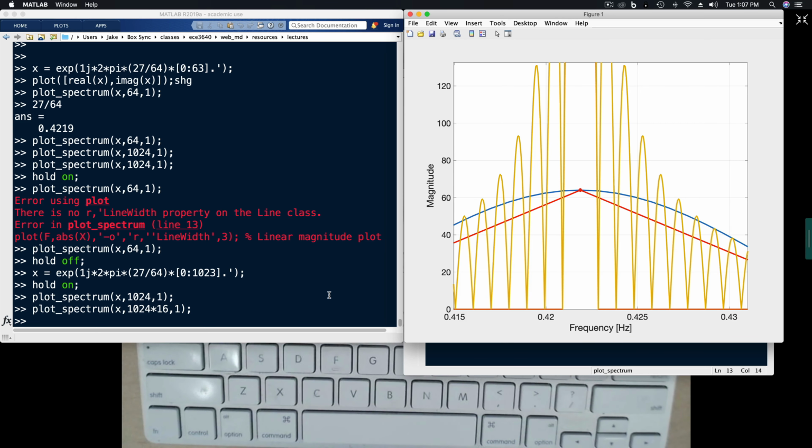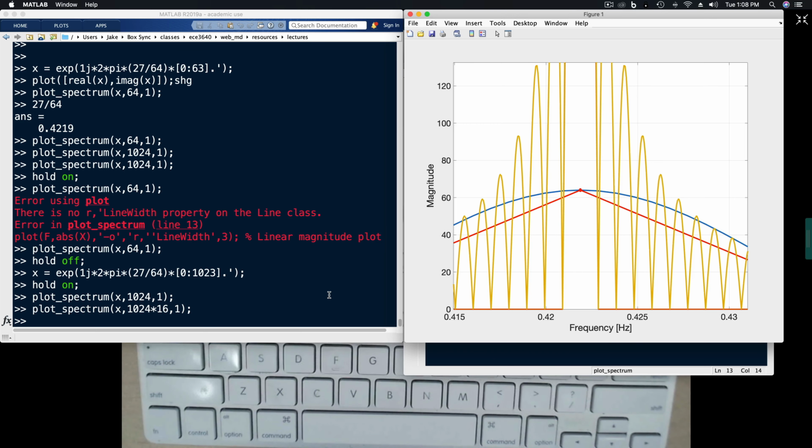So there are two effects taking place here. One is the zero padding effect. When you take a transform that's longer than your sequence, internally the data is being zero padded. Zero padding, as we have seen now, produces more samples of the same underlying function.